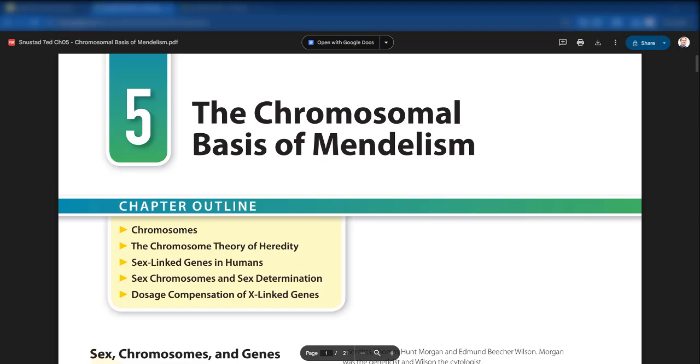We're going to talk about chromosomes themselves, the chromosome theory of heredity, and then focus on the new genetic part for us in this chapter, which is sex linkage. Pretty much everything that we've looked at so far, we have assumed that there were two alleles for each gene.